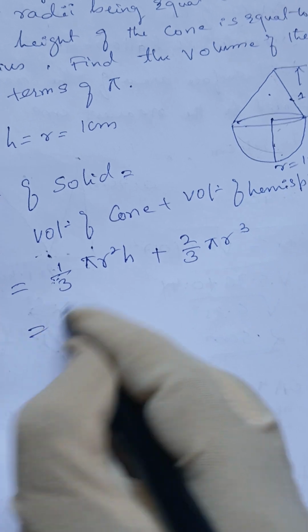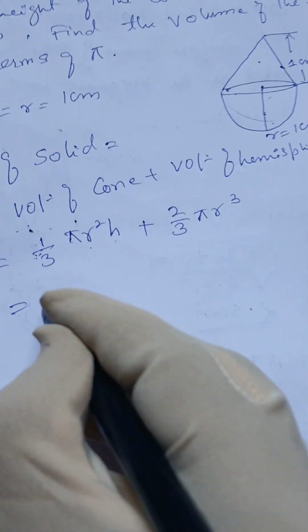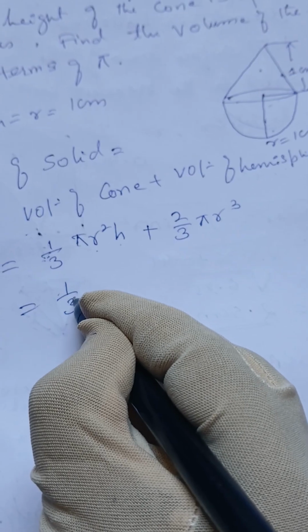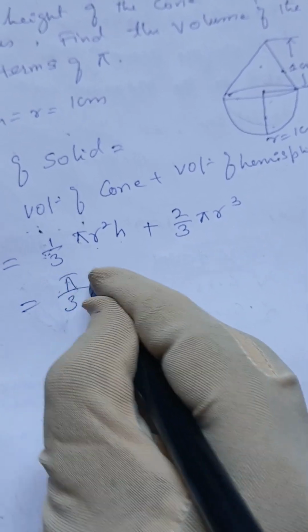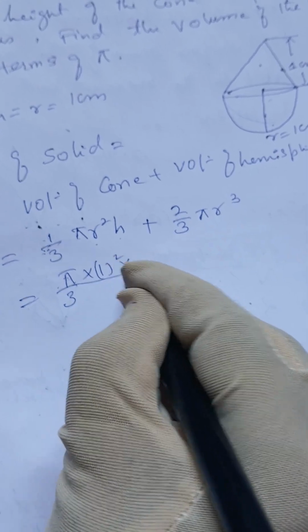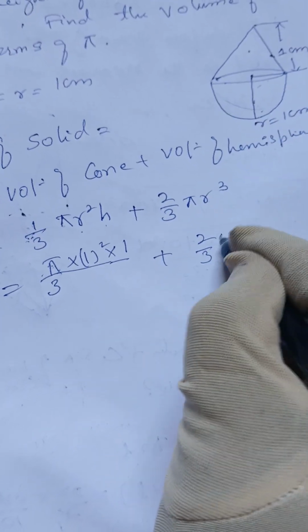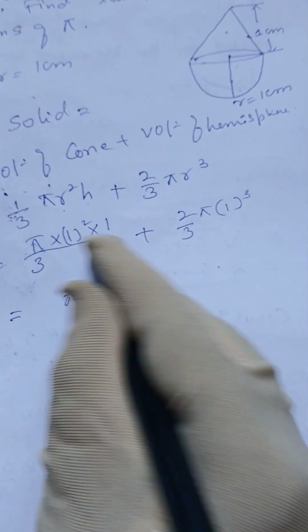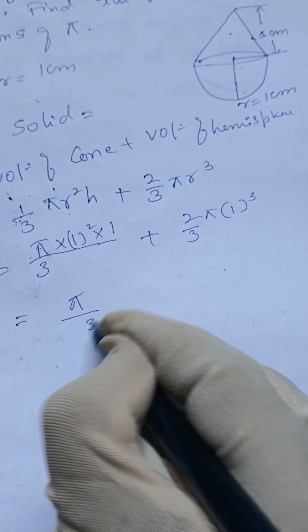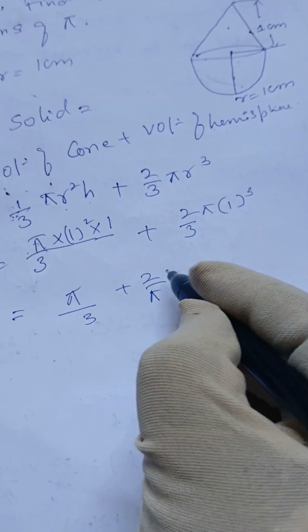Clear? Now what is the value of r? r is 1, h is 1. So both are 1. We will write it as 1/3 pi into 1 square into h, h is 1, plus 2/3 pi into 1 cube. So our answer is: 1 into 1 will be 1, pi by 3 plus 2 pi by 3, since pi into 1 cube is pi only.